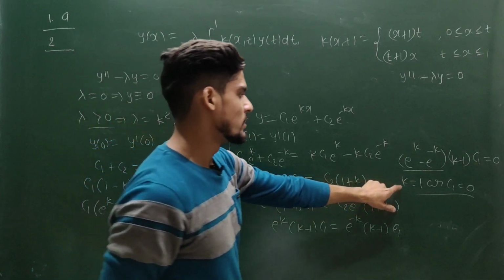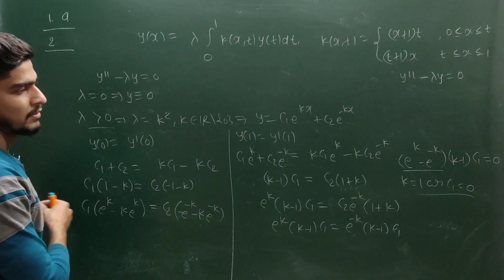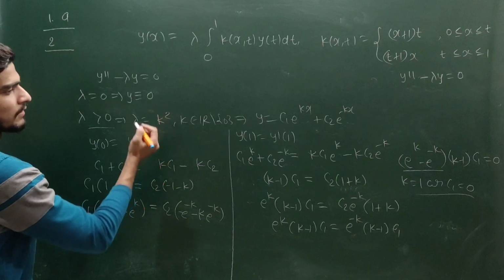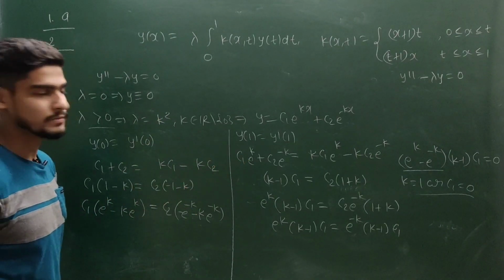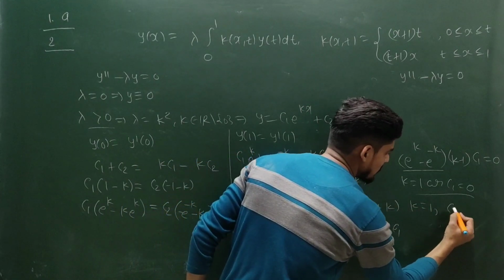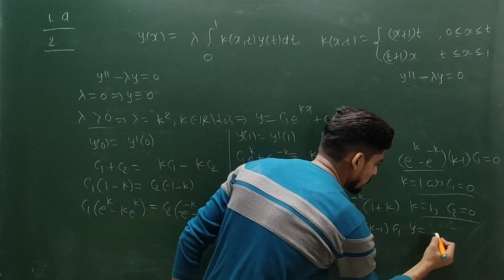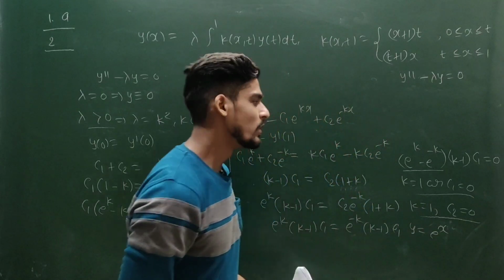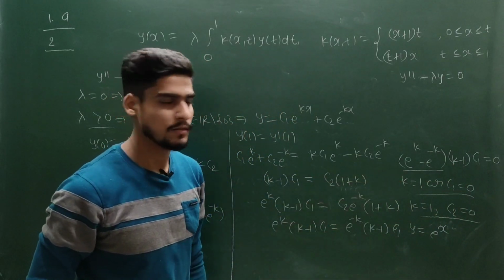So if I choose k is 1, can you give me the corresponding eigenfunction? Because if you choose k to be 1 and choose c2 to be 0, then I will get y is equal to e power x. This is an eigenvalue, and I can choose my c1 as any arbitrary constant.